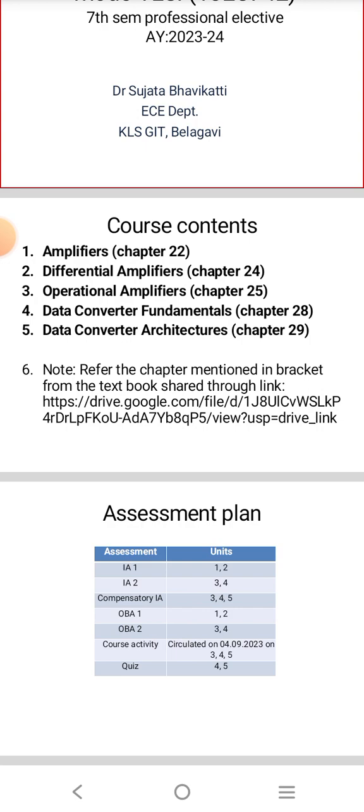With respect to that textbook, the first unit is amplifiers, taken from chapter 22 of Jacob Baker's analog mixed mode VLSI design. The second is differential amplifiers, from chapter 24. The third is operational amplifiers from chapter 25. Data converter fundamentals is from chapter 28 and data converter architectures from chapter 29.